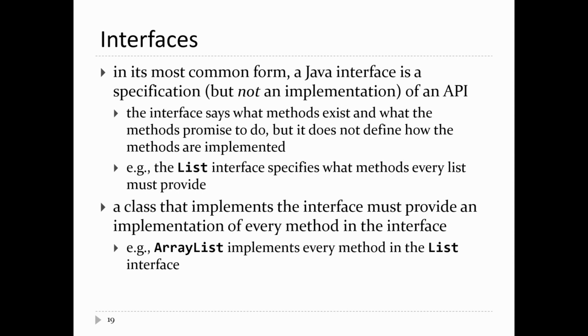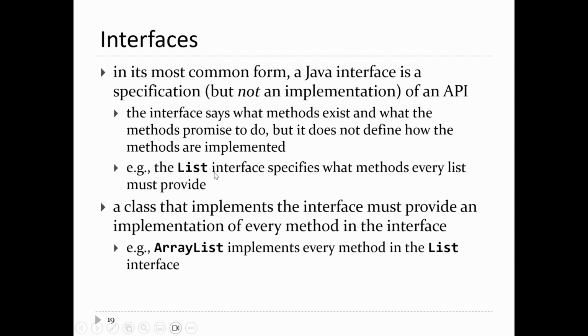What it means is that the interface says what methods the type must have, and it says what the methods must do. That's what we mean by specification: what methods exist and what the methods are supposed to do. But the interface does not say how the methods are implemented. In other words, if you look at the methods inside the interface, there's no body of the method. There's no implementation.